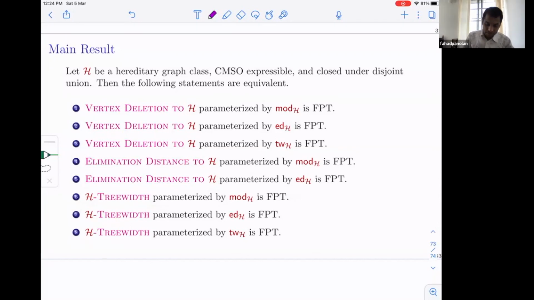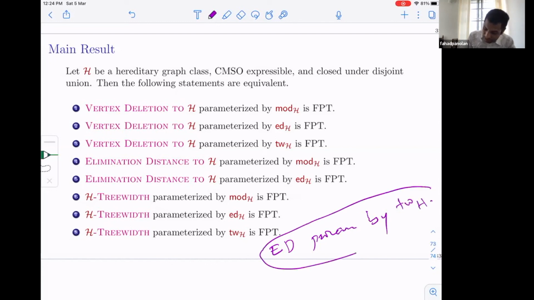Here only one is missing, which is, I think, elimination distance parameterized by H-treewidth. This is missing. We don't know whether it can be added to this. That is also an open question.